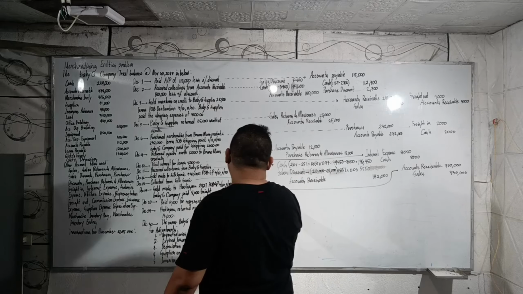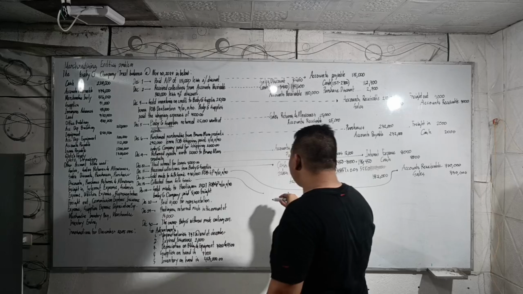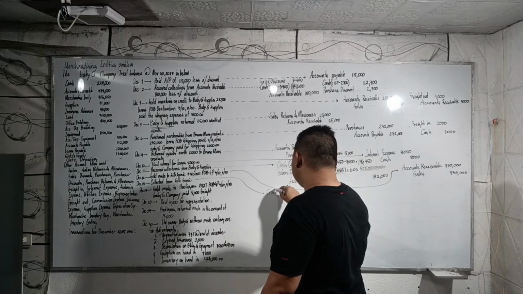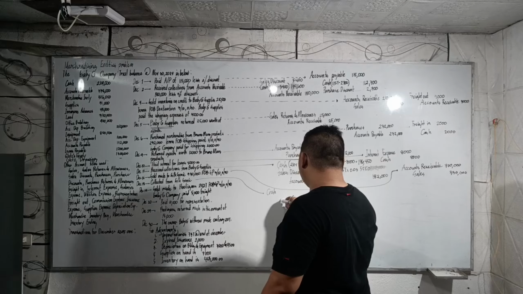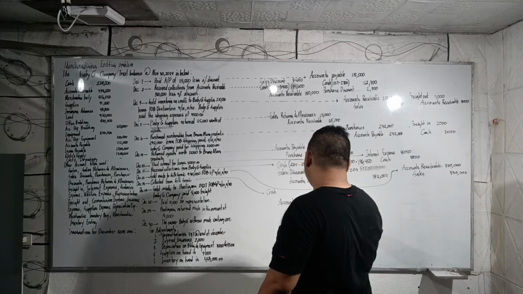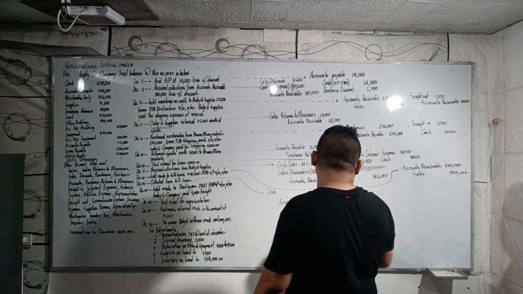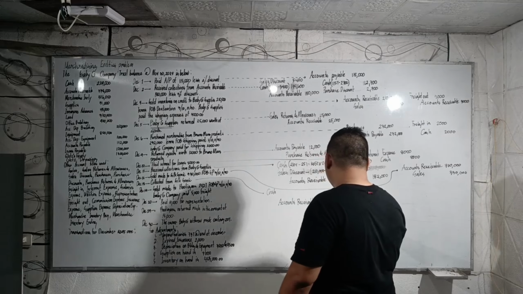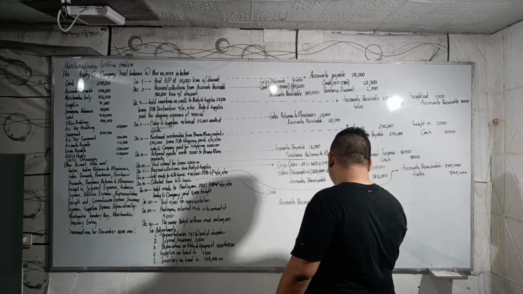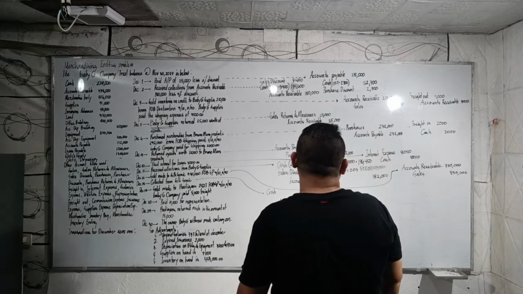So what will happen? We're going to receive cash, and then we're going to credit accounts receivable from Silksonic. So accounts receivable is 330,000.